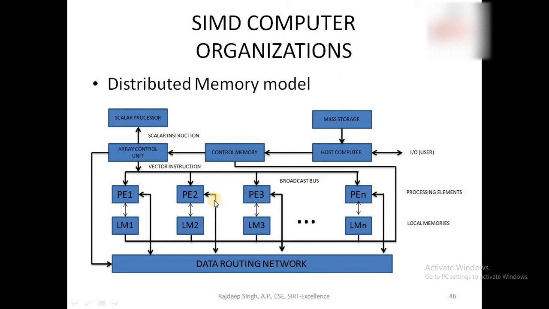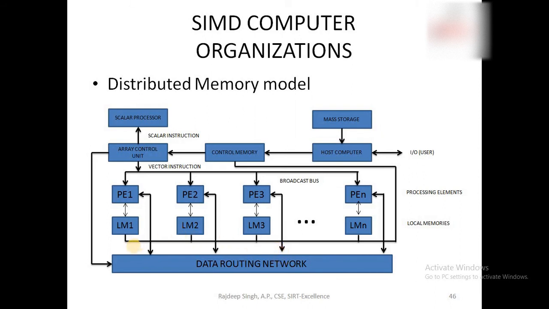And you can see here that each processing element has its own local memory. There will be no sharing between these memories, but interchange of data through this data routing network will take place, because there are a number of processing elements, and for execution of a program dependency will exist in such a system.